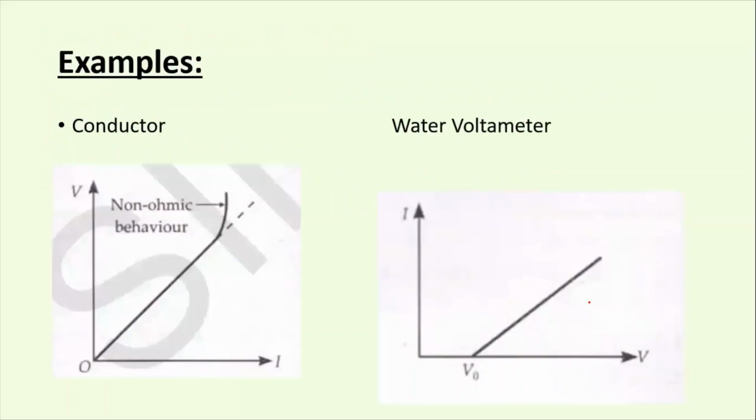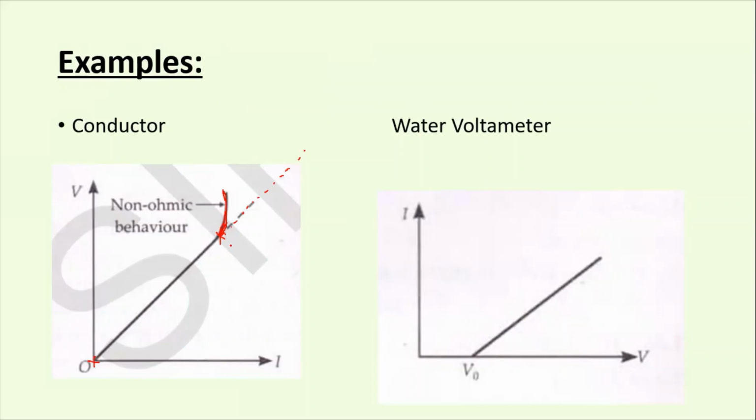So the first one is an example of a metallic conductor. You can see that from this point till this point, the graph is linear. And after this, it is expected to go through the straight line, but it is deviating. Do you see this deviation? This happens in a normal metallic conductor when you increase the current.